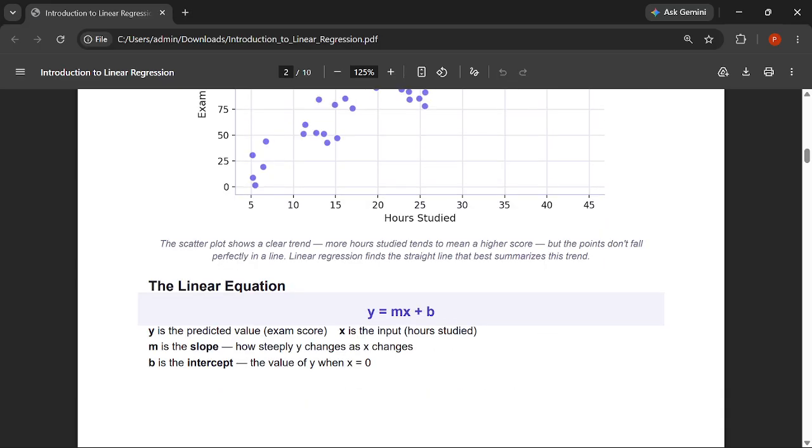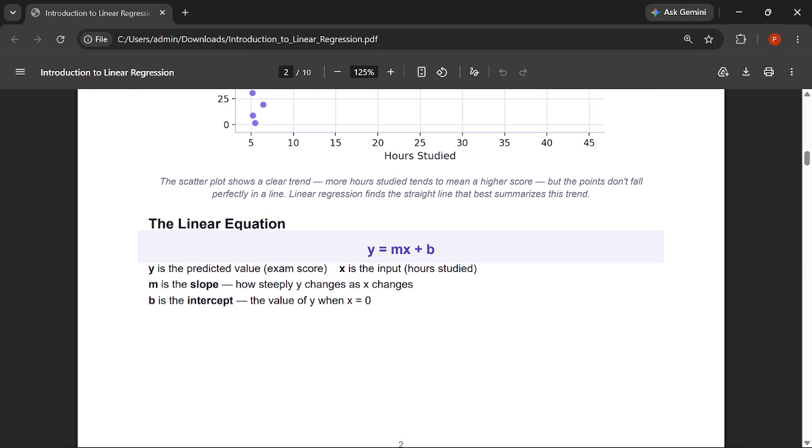So let's start with the simple linear equation. This is y is equal to mx plus b. This is our very famous linear regression formula, or equation. Everyone uses this, and scikit-learn's function also uses this formula.